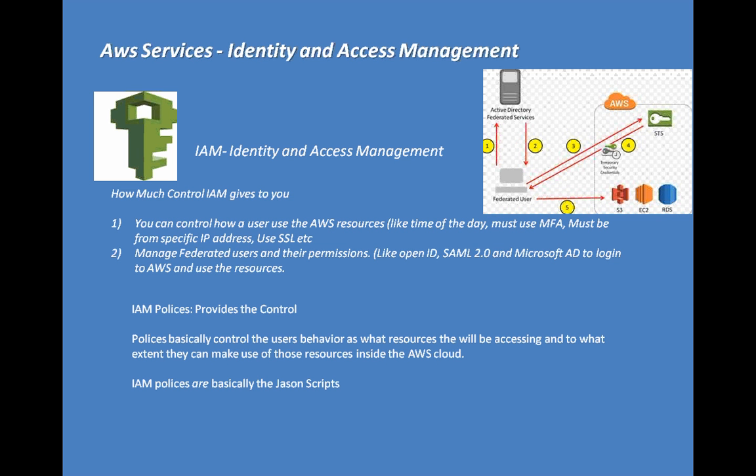We can assign permissions in such a way that users are able to log in to the EC2 servers but not take backups. Or maybe we want that this user should not be able to log in to the S3 buckets or delete data from the S3 bucket. So with the help of IAM policies, we control the user's behavior, what type of resources they'll be accessing, and to what extent they can make use of AWS resources inside the AWS cloud.